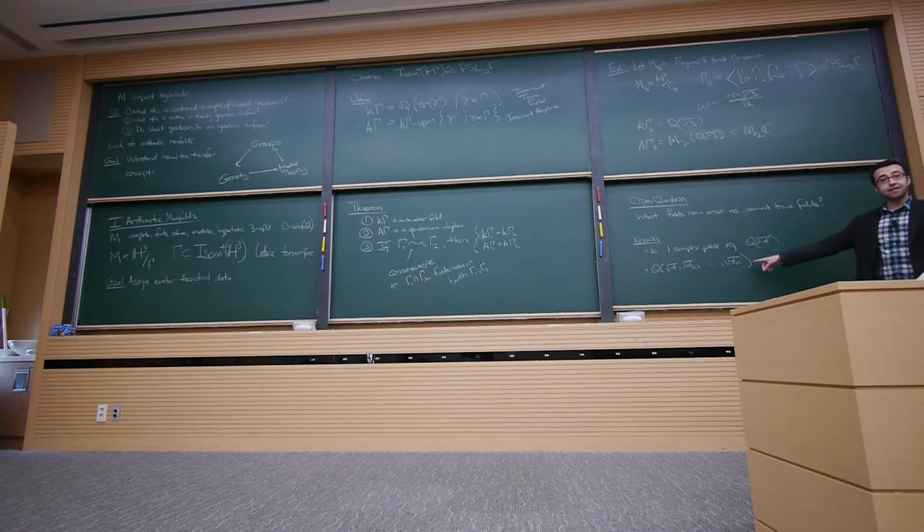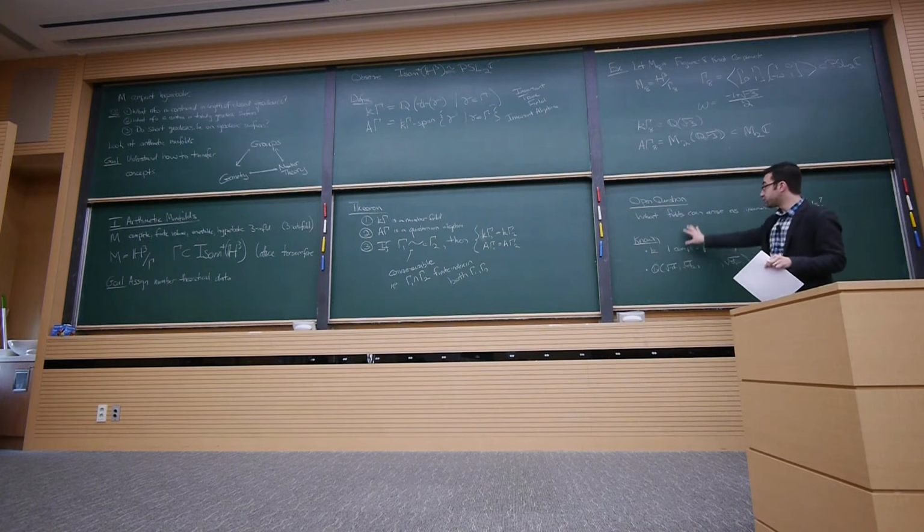You can get something like this from some procedure where you take things that have this kind of trace field, and then you chop them up and glue them together. For those of you who know the construction, it's like a Gromov, Piatetsky-Shapiro kind of construction. These can get you a larger trace field of this type. But it would be an interesting question to characterize what all fields can arise.